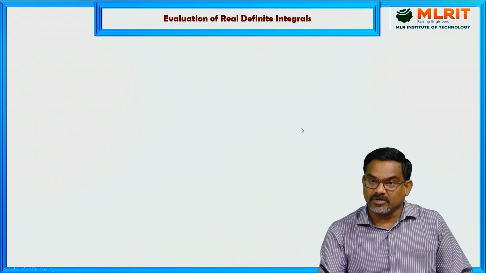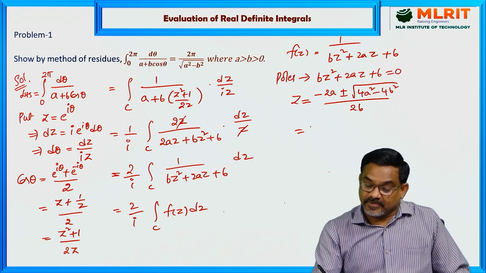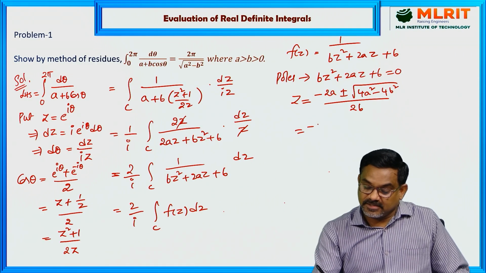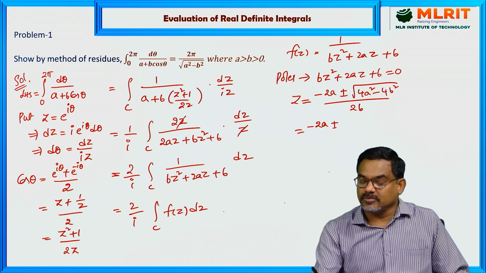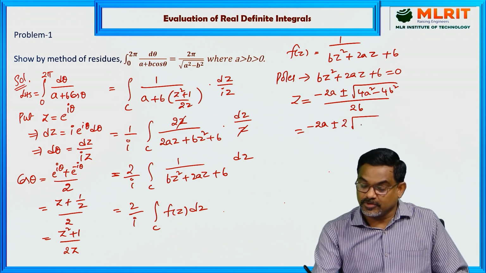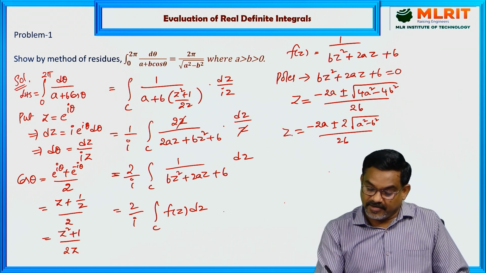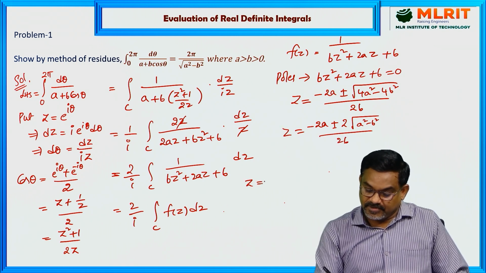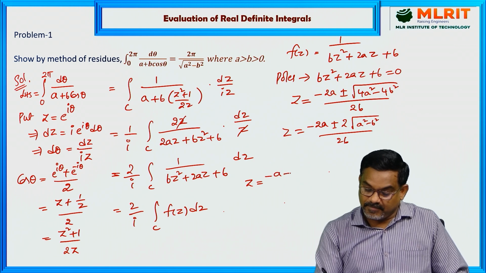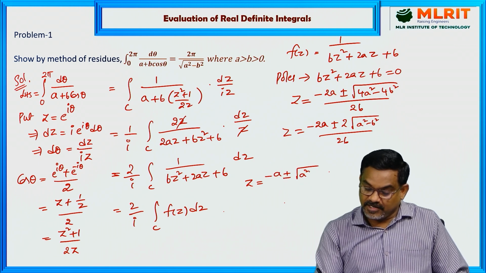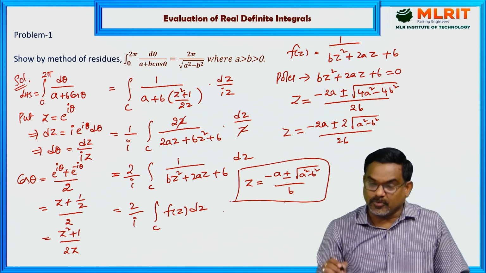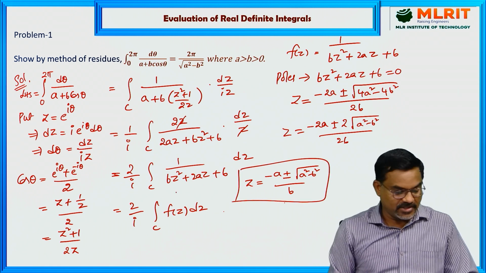So z equal to minus 2a plus or minus root 4 comes out, 2 root a square minus b square, by 2b. So again simplifying, this becomes minus a plus or minus root a square minus b square by b. So these are the poles of this function f of z.